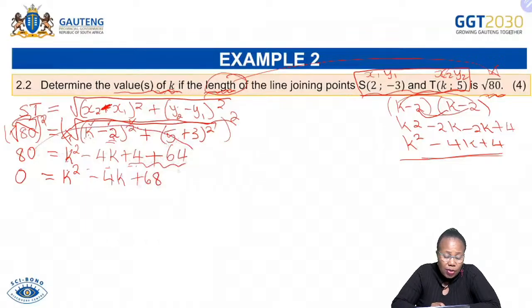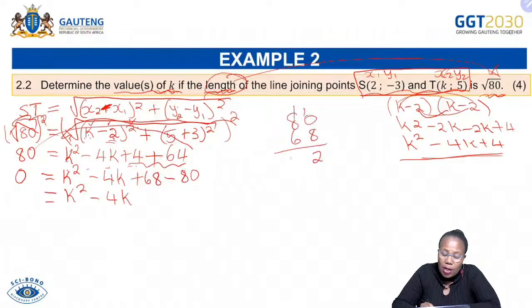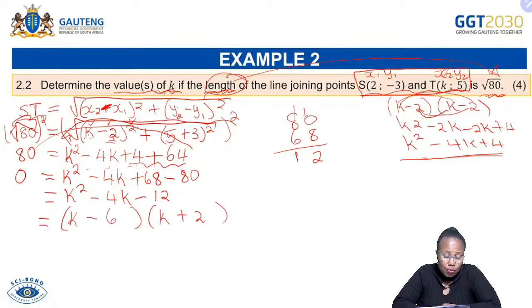And then the 80 to the side, it is minus 80 there. So we end up with k squared minus 4k, and then we have 68 minus 80, that will be negative 12. And then now we need to factorize this. We are looking for factors of 12. When you subtract, you get a 4, that will be k minus 6 and k plus 2, okay?